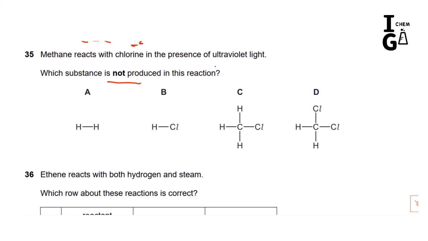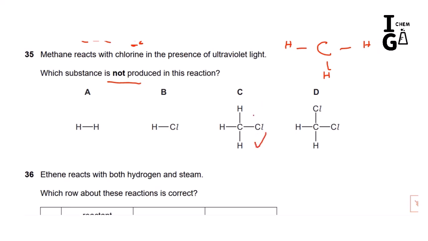Substitution means that chlorine can substitute only hydrogen. So methane, CH4. If one Cl atom substitutes one H, it forms this.